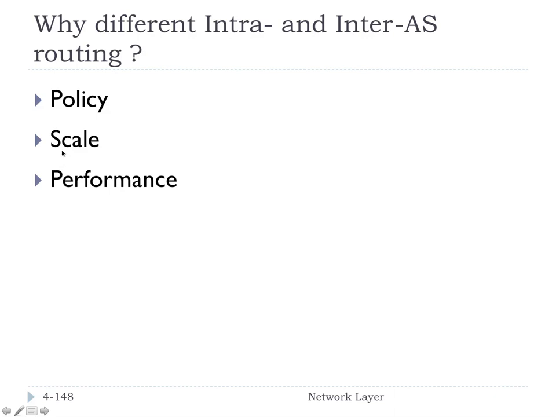Scale was one of our starting points. We need to use hierarchical routing in order to reduce the amount of updates we have to send to everybody. It's a divide and conquer thing. The network of networks, which is the internet, is too big to be one flat network.